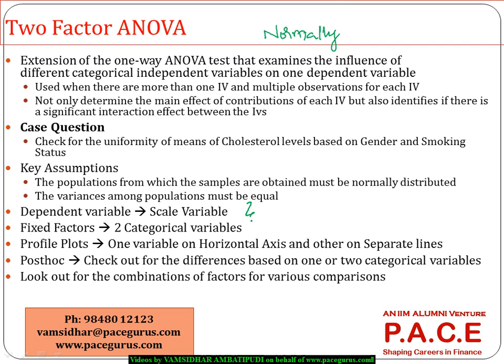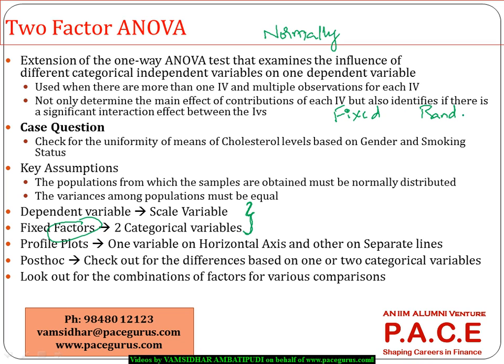This is very much important in case of the two-way analysis of variance procedure. The dependent variable has to be a scale variable, whereas when we are talking about the factors, we generally use two words: fixed factors versus random factors.